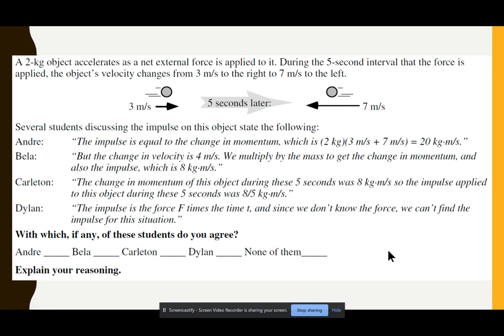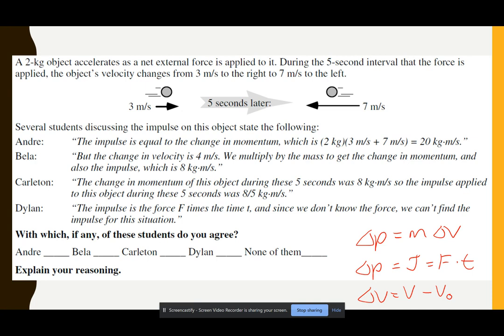We have one that says the impulse is equal to the change in momentum, which gives you that. Now remember, I'll give you a hint. Your change in momentum is mass times change in velocity, and your impulse is force times time. The change in velocity is 4 meters per second, and don't forget your equation for change in velocity is final velocity minus your initial velocity.